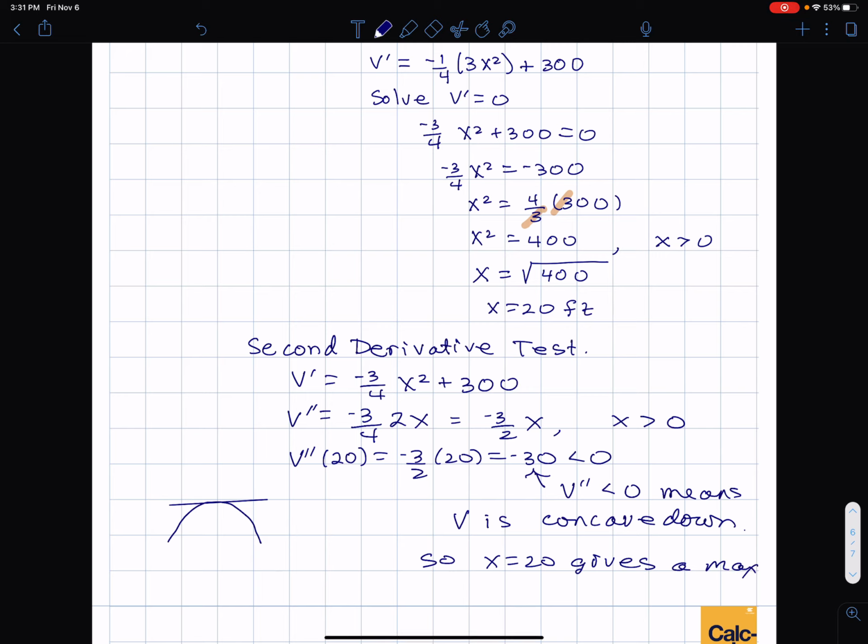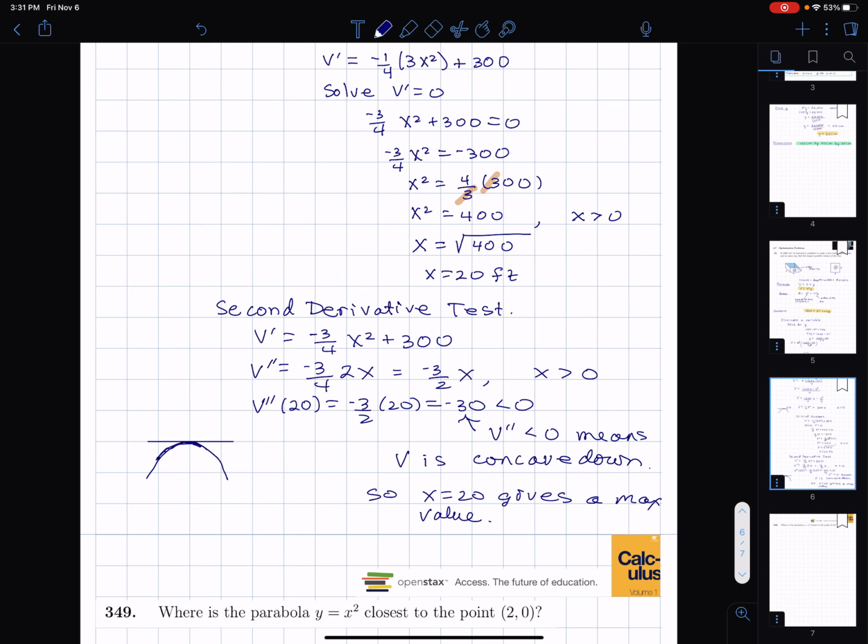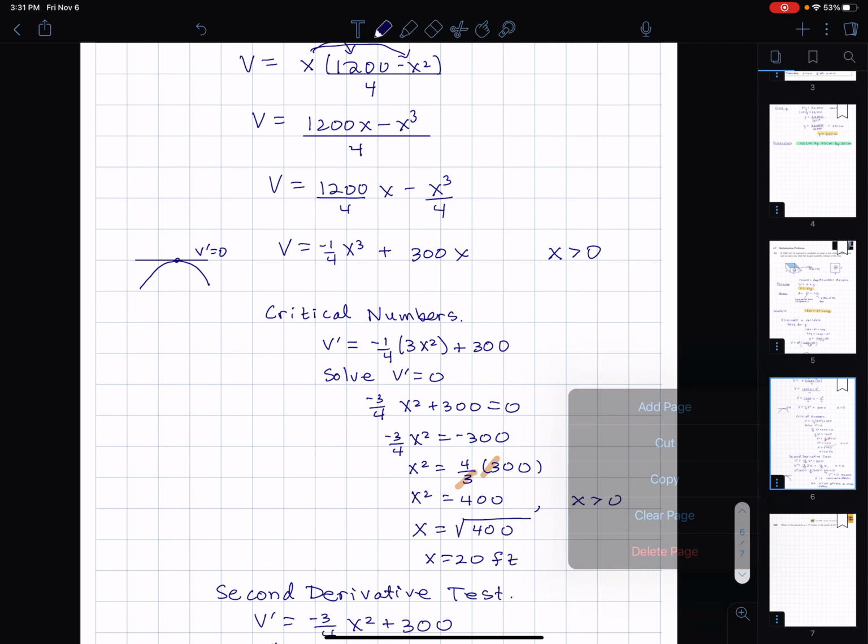What I mean is a local max, or it could be an absolute max, but it gives a maximum value. Because look, concave down. My horizontal tangent line is not super horizontal looking. Doesn't really quite look like a tangent line, but okay. Carry on.